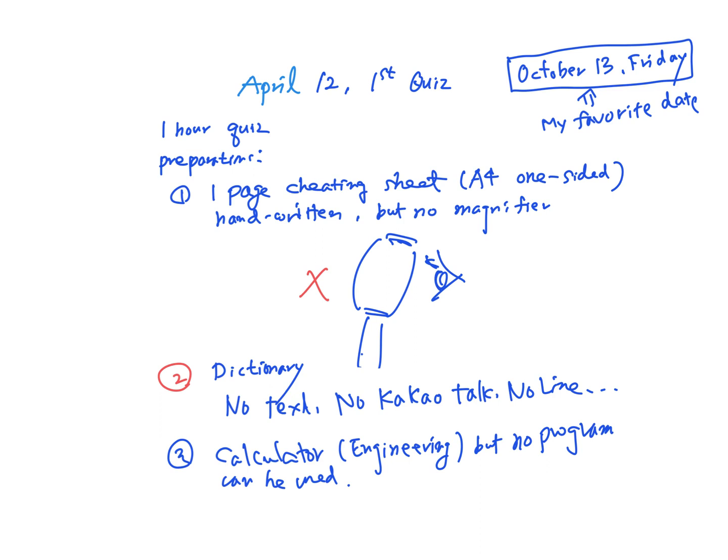And October 13th, the Friday, you know why it is the best day for a quiz, right? Maybe I will tell you about the history of October 13th, the Friday, why it is supposed to be the date for bad luck. It all dates back to 1305. Maybe next time.